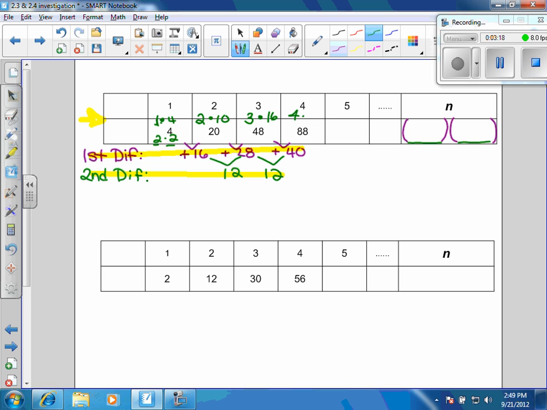And if you look here, 4 plus 6 is 10, 10 plus 6 is 16, 16 plus 6 is 22. So I have this multiplying pattern that is working for me, so I'm going to get rid of this.